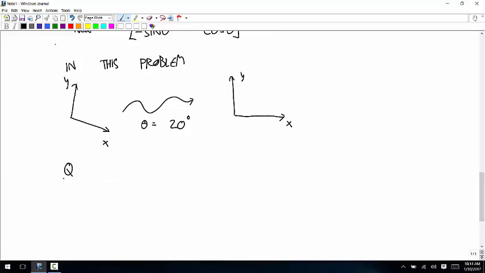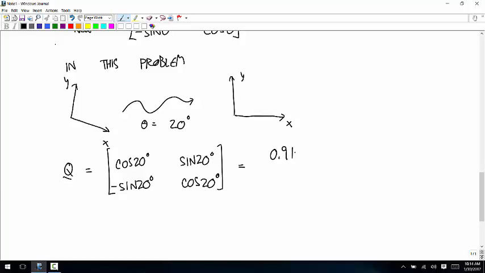So the Q matrix, the rotation matrix, is [cosine 20, sine 20; negative sine 20, cosine 20], which is [0.940, 0.342; negative 0.342, positive 0.940].